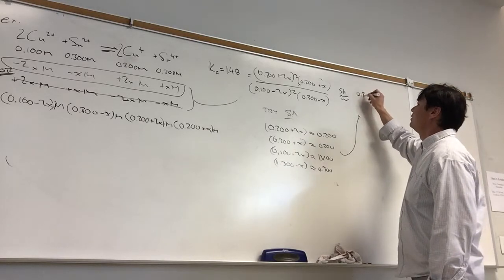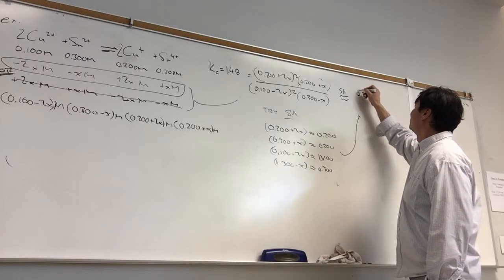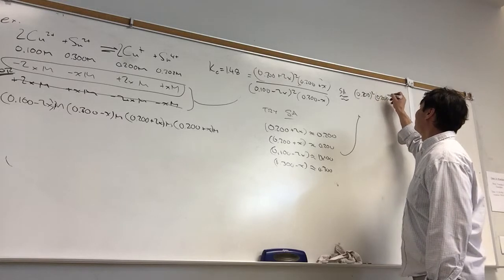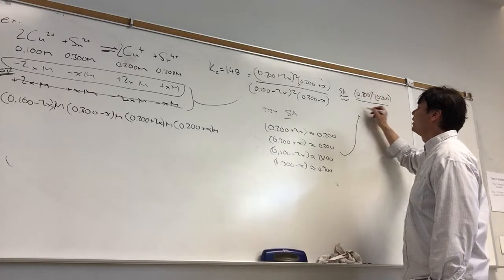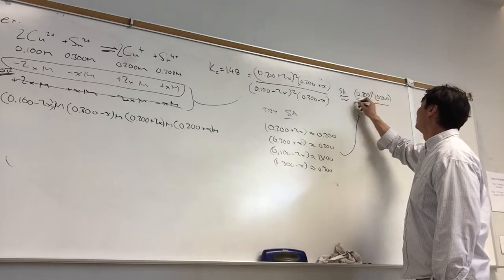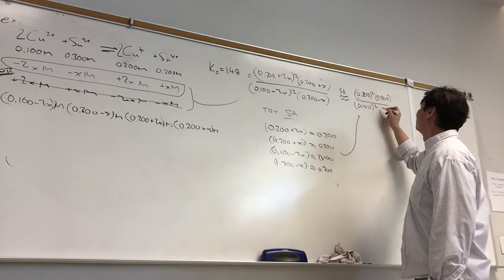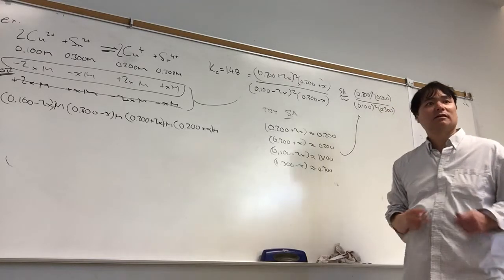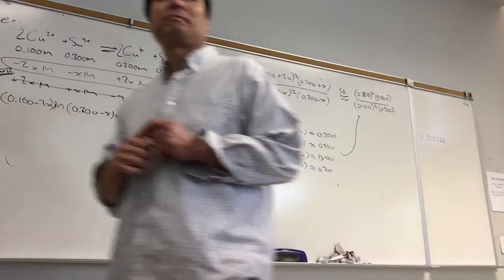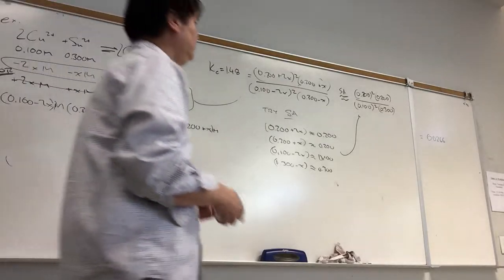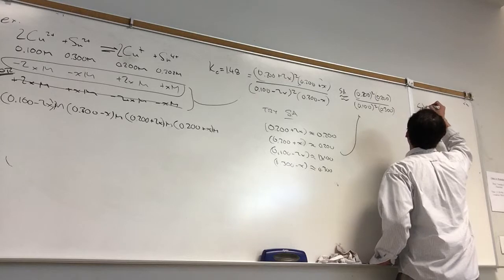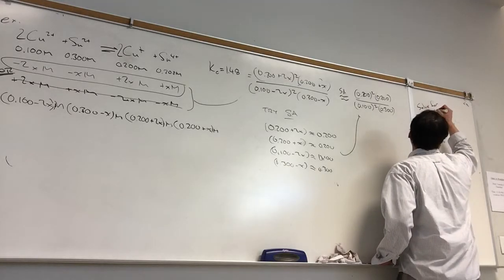We get 0.200 squared times 0.200 divided by 0.100 squared divided by 0.300. Okay. And then we solve for x.